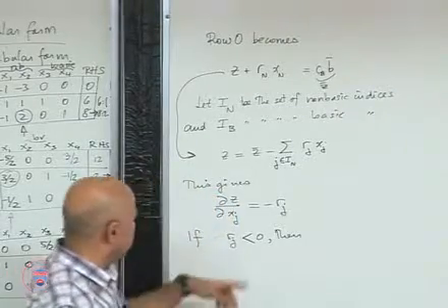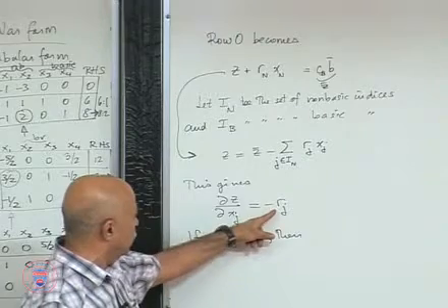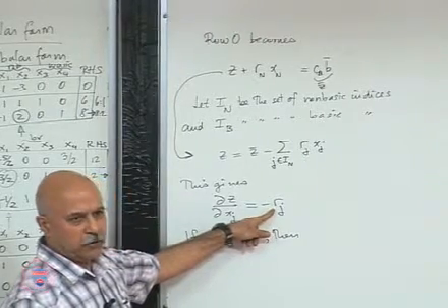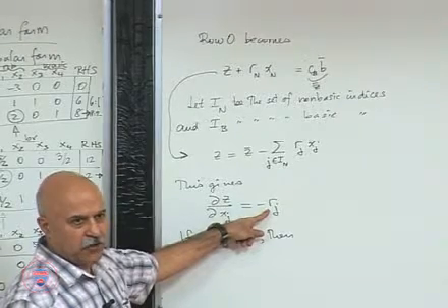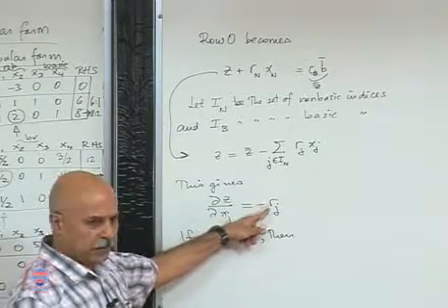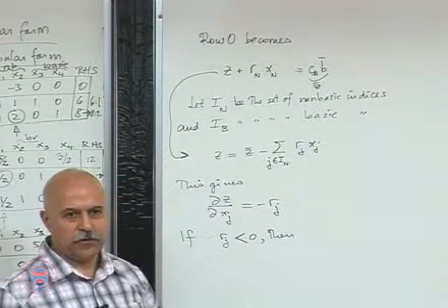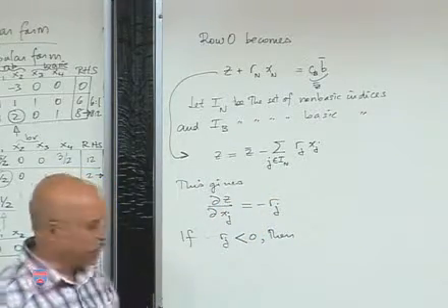What kind of Rj do you want to improve the z value? If Rj is positive, this will be negative, which means you will be able to decrease the value of z from the current value.